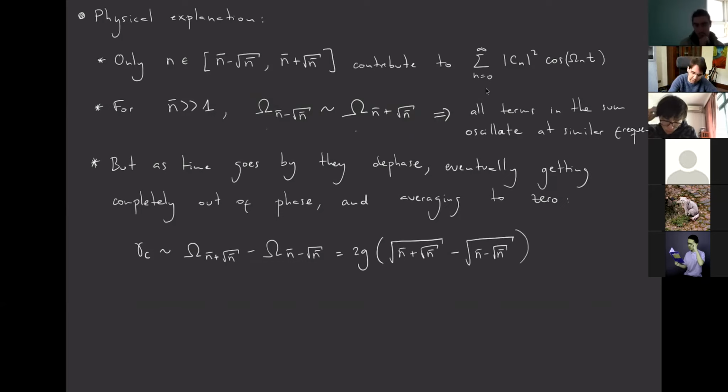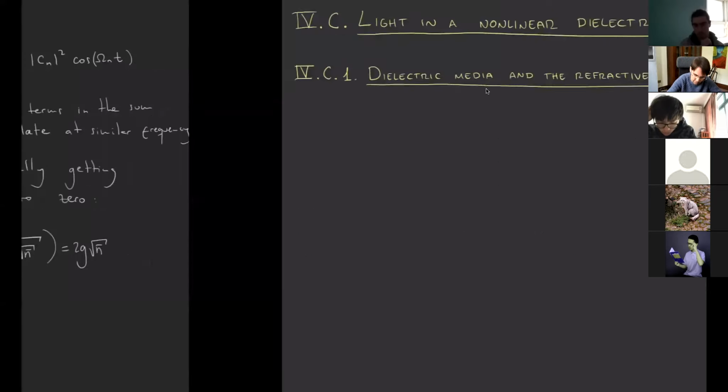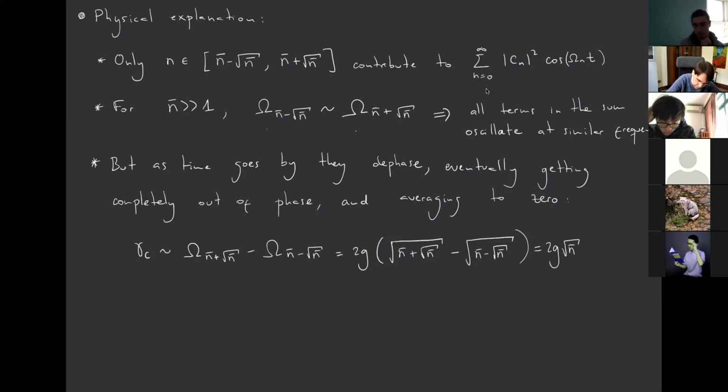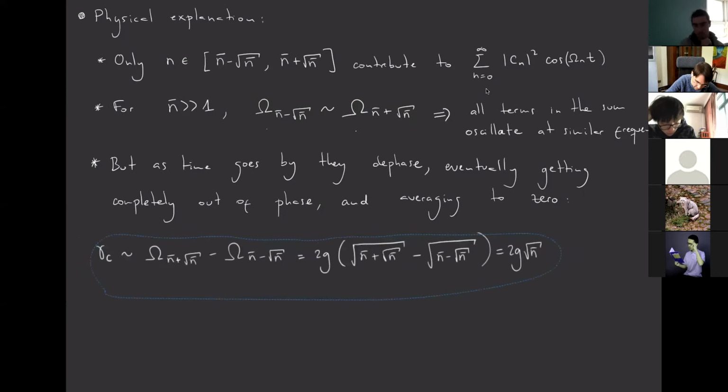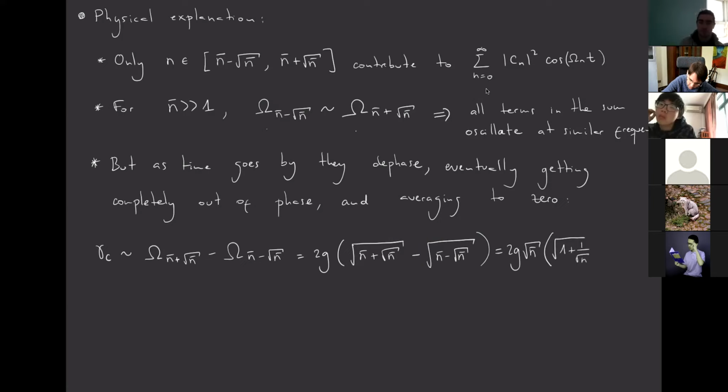Now, expanding this, maybe let me do it in a bit more detail, so that you don't miss the steps. I can pull out this square root of n, and then I get 1 plus 1 divided by the square root of n, minus 1 minus 1 divided by the square root of n.